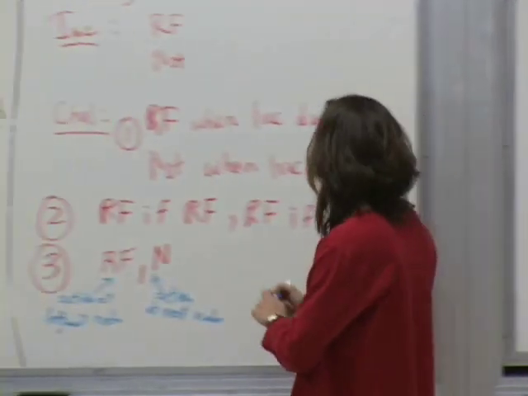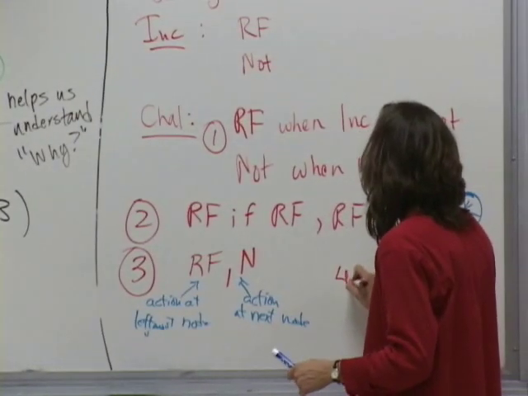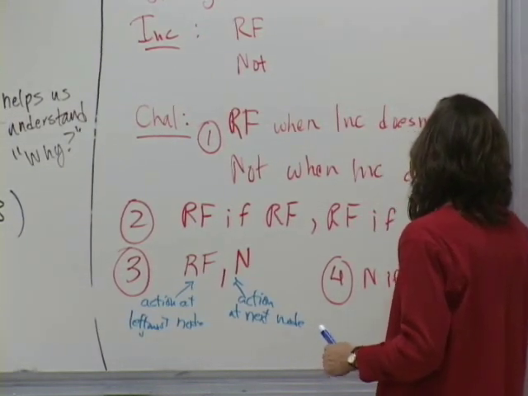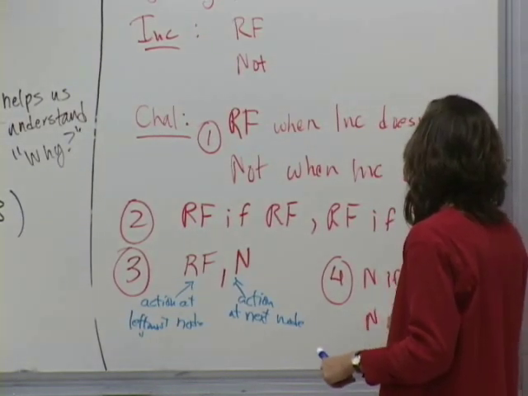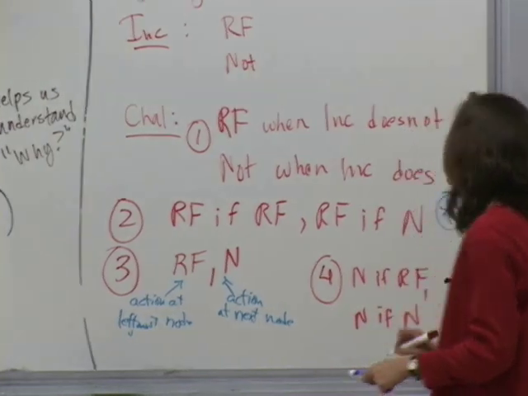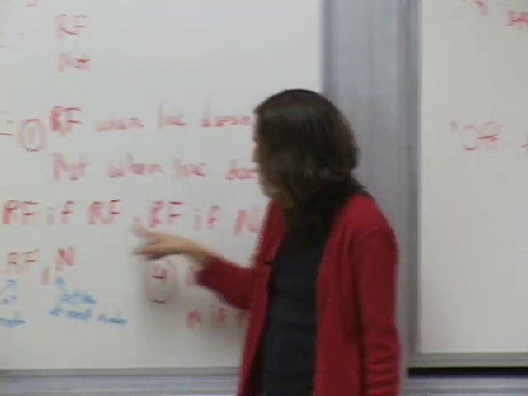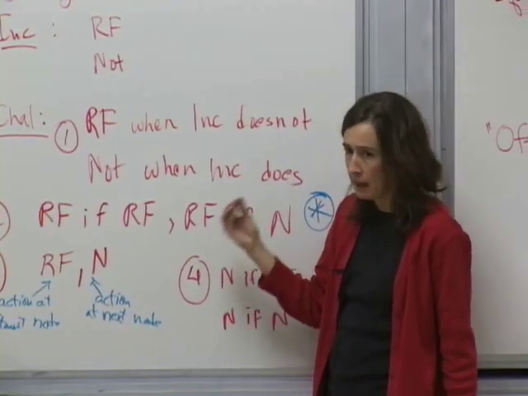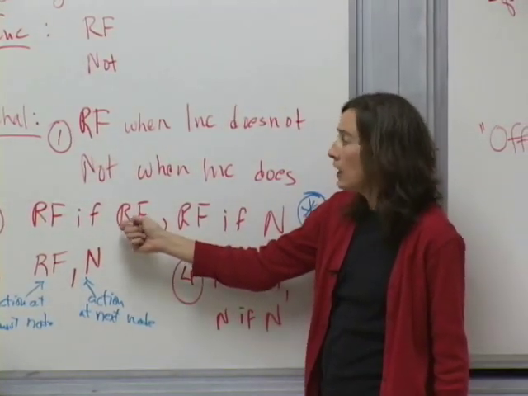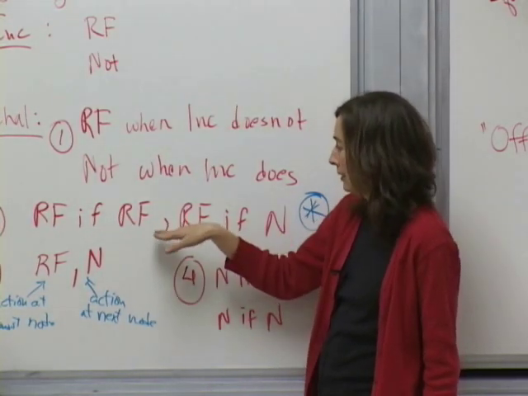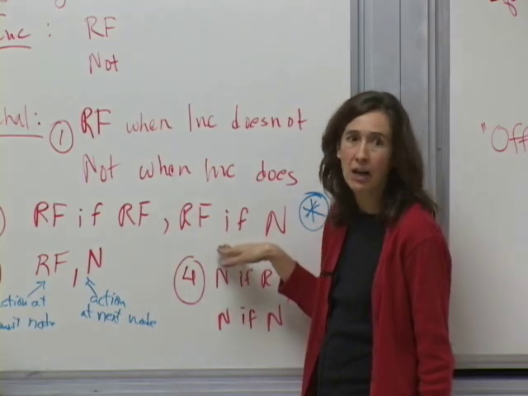Don't raise funds no matter what. That's exactly right. Okay, so number 4 is N if RF and if N. For both of these abbreviations, what you want to be thinking of is that for each decision node that the player has, you're going to have that many strings, that many things strung together by commas.